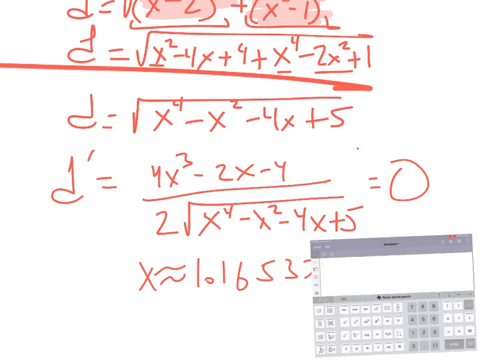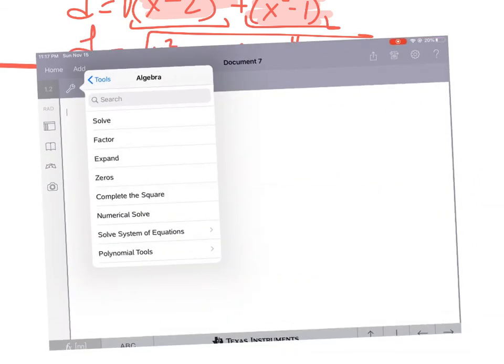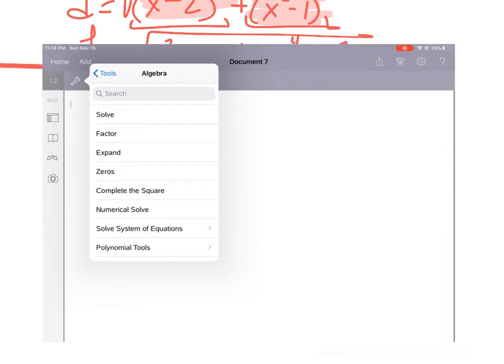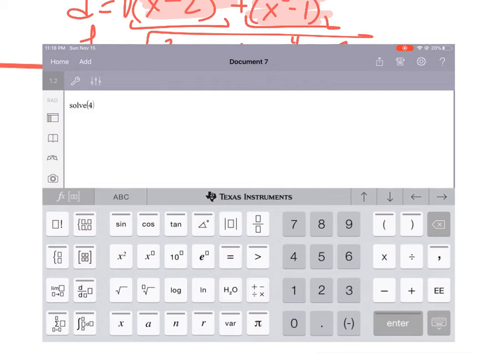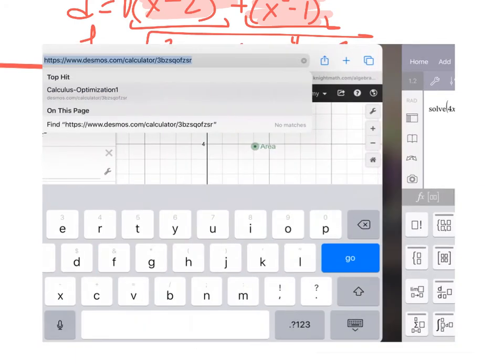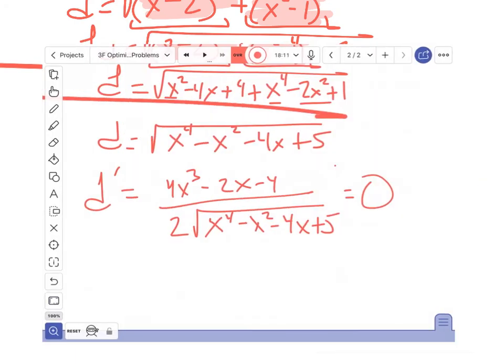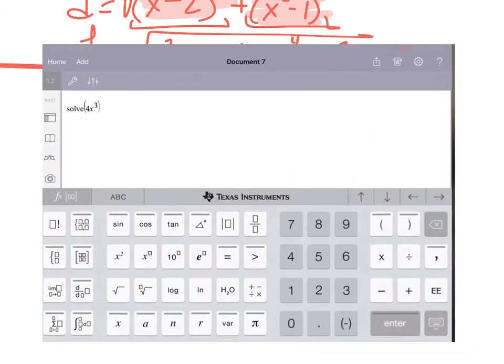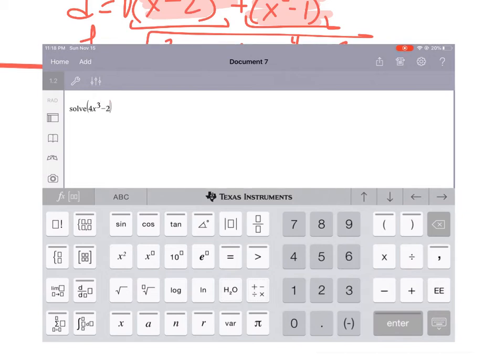To use our CAS calculator on the handheld, we go to Menu, then Algebra, Solve, and we'll type our equation in there. This is for the top of the equation: 4x cubed minus 2x minus 4, and we want to set that equal to 0, comma x.